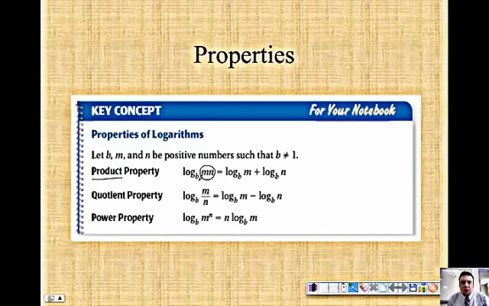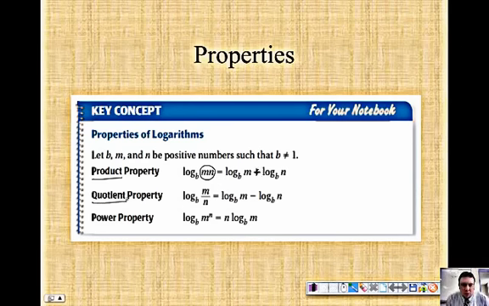Well, remember, logs are exponents. So really, a log is an exponent plus an exponent. When do you ever add exponents? When you are multiplying, right? So that's the idea here. So add them up here.